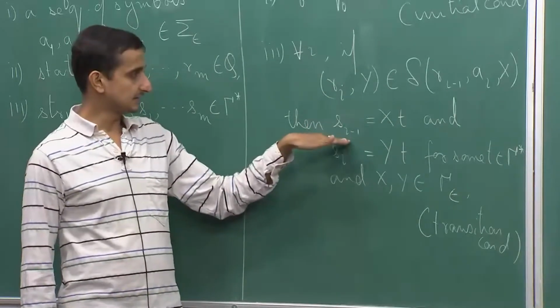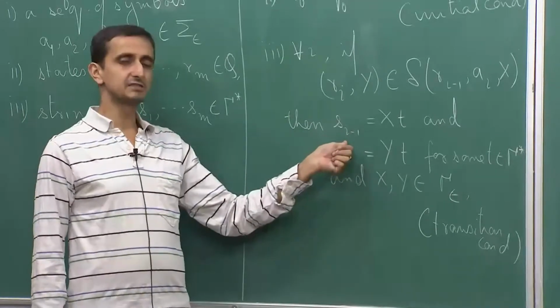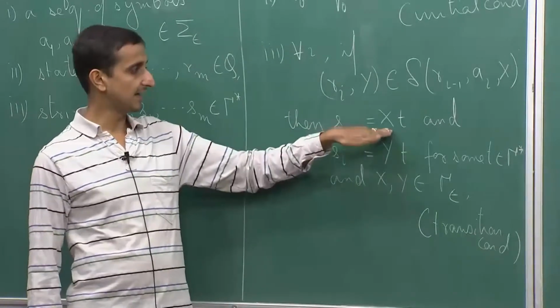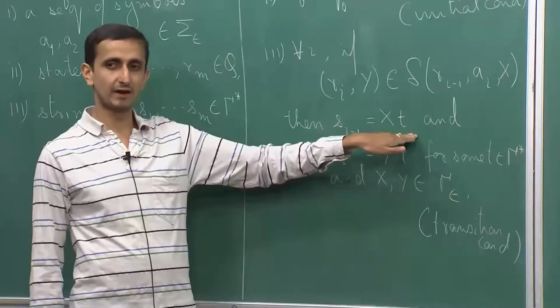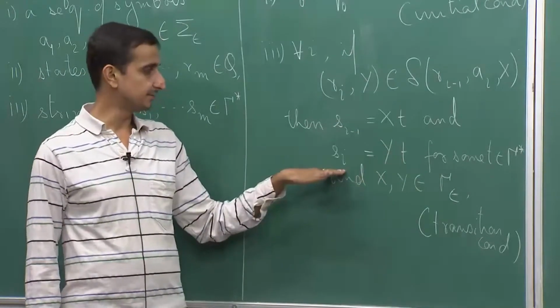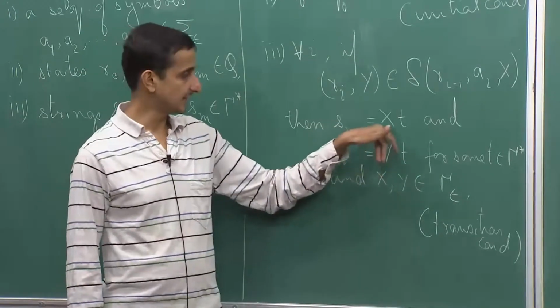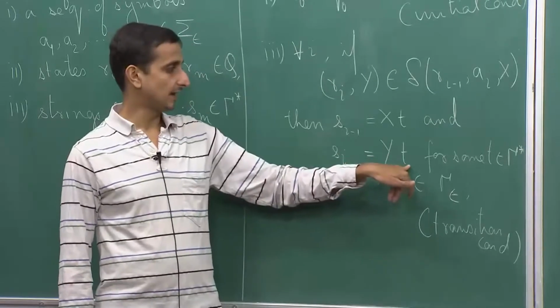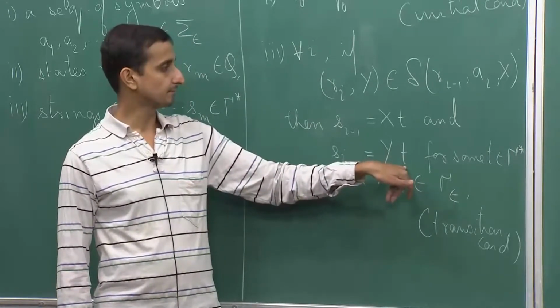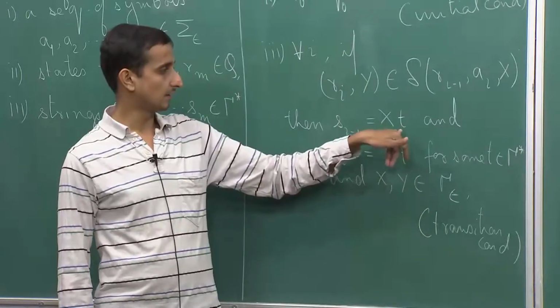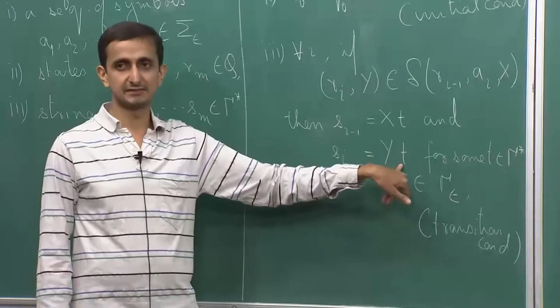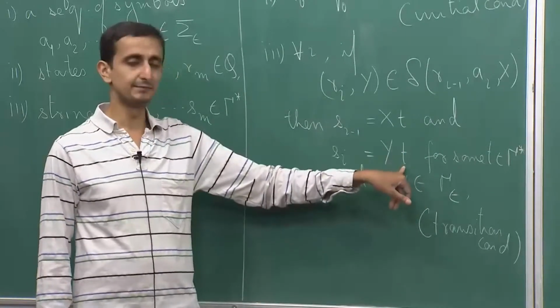Then the stack in the i-1th step should have had x at the top followed by some string t, and in the ith step that x got replaced with y, and the remainder of the stack remains the same. So it was t earlier, it remains t.